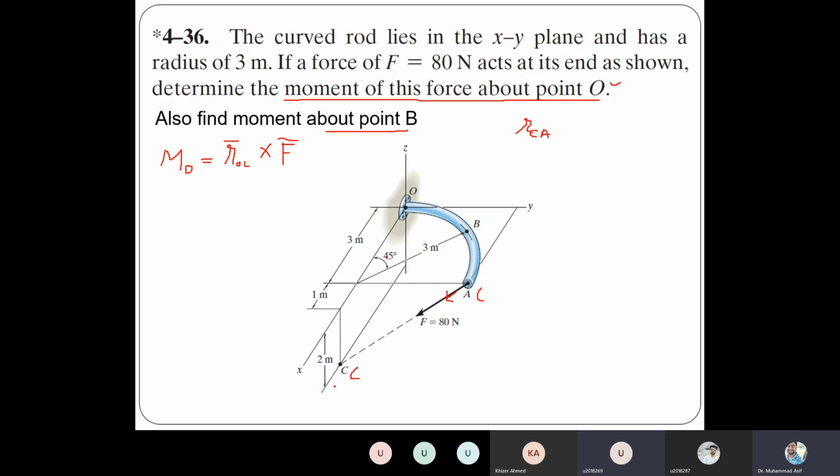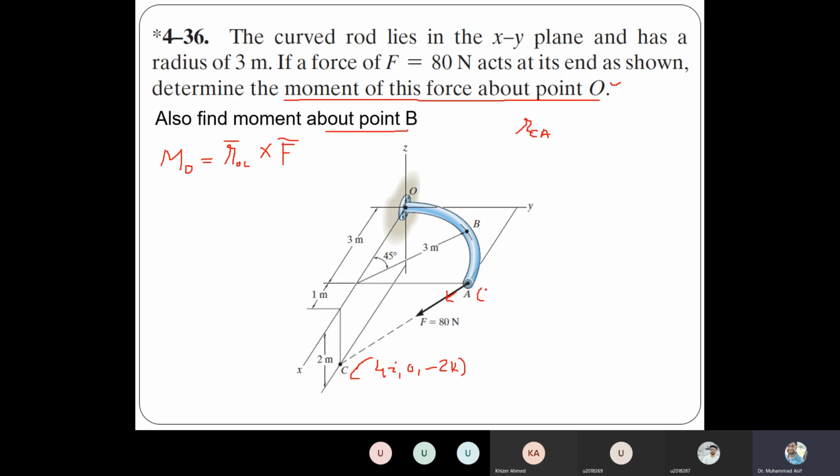No, I'm asking about the coordinates of C. Sir, it will be 4i, 0j, minus 2k. That's true. So these are the coordinates of C.